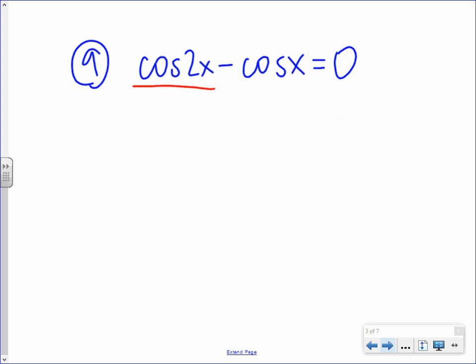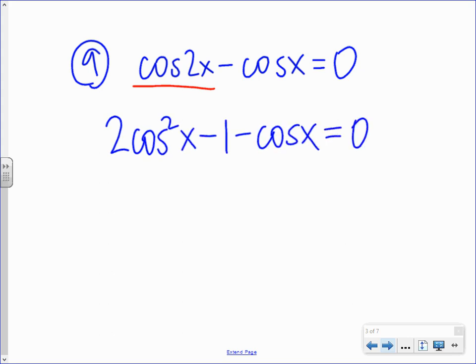Okay, so of the three double angle formulas for cosine, which one do you think is best and why? Grace, what do you think? 2 cosine squared x minus 1. Okay, and why did your pod decide that that would be helpful? Because the other column is sine. Okay, the other two all have sines as part of their formula, and then you would have more than one trig function in the equation.